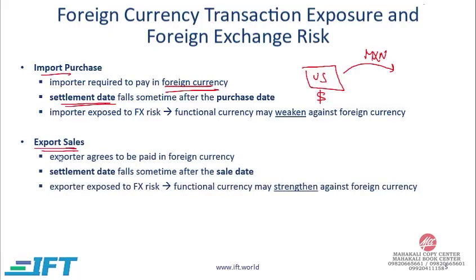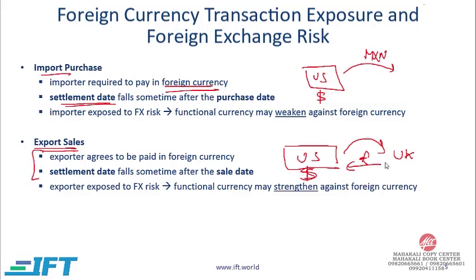With an export sale, there is foreign exchange risk if these two conditions hold. The exporter agrees to be paid in the foreign currency and the settlement date falls sometime after the sale date. Again, let's go back to the US company with the dollar as the functional currency. Let's say that this company exports goods to the UK, which means that the payment will be made in pounds.